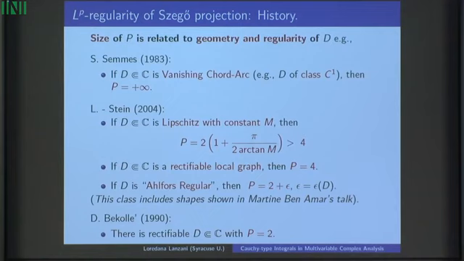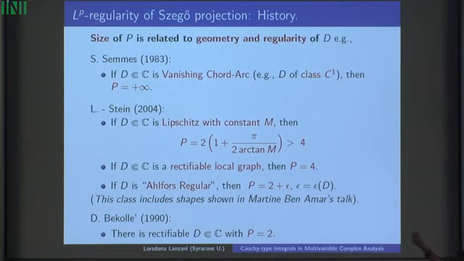from 1 to infinity. But now, if you pick a domain that has corners, a Lipschitz domain with constant m, then you get for sure LP for P in a range that always properly contains the interval 4/3 to 4. And that range is optimal in the following sense.